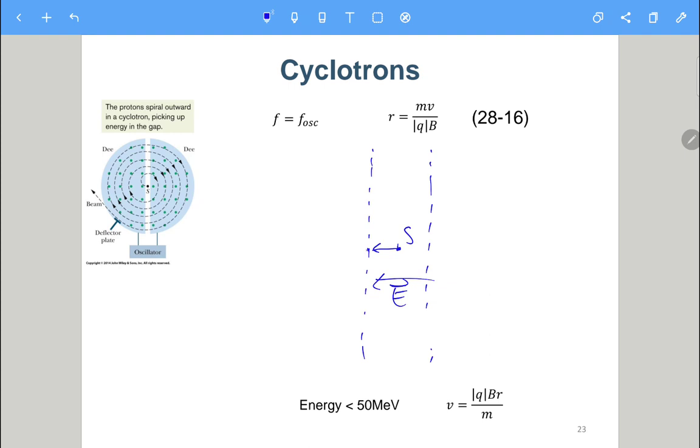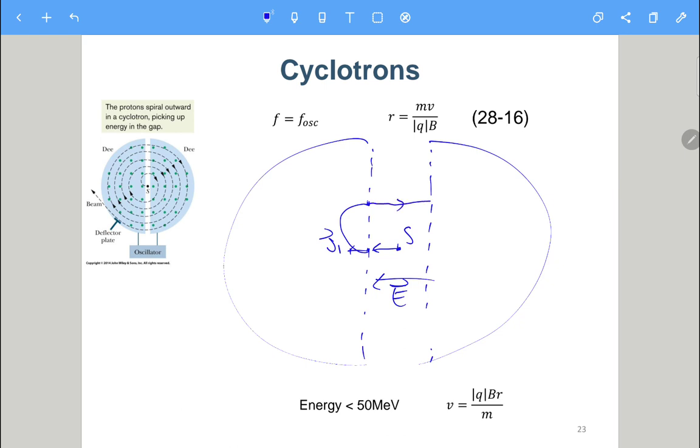Here in this region, it will not have an E field anymore, so it will stop accelerating, and there will be the initial velocity here. Let's say this is v1. So it will have circular motion in this region like this. Up to here, there is no B field anymore, so it will go in this direction.